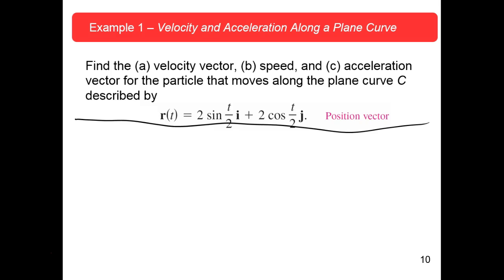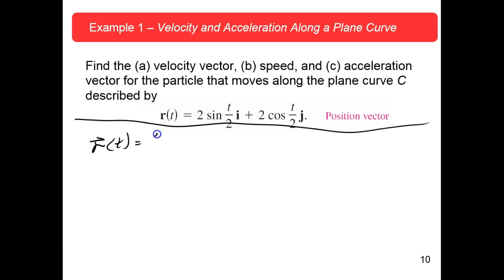Example 2. Sketch the path of an object moving along a plane curve given by r of t equals t squared minus 4 i plus t j. So let me write that down. r of t, I think we've had this one before, haven't we?